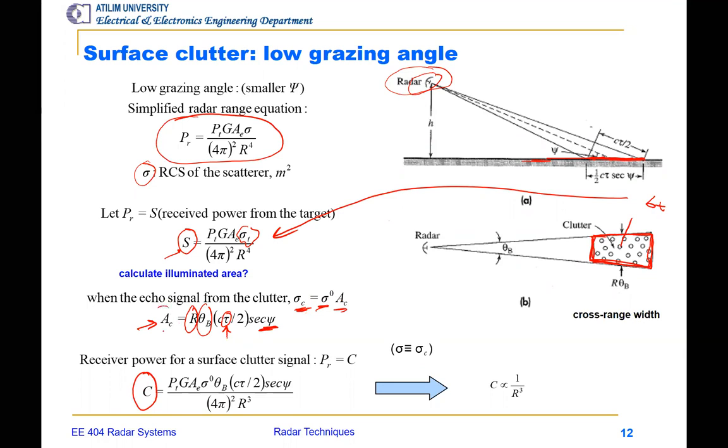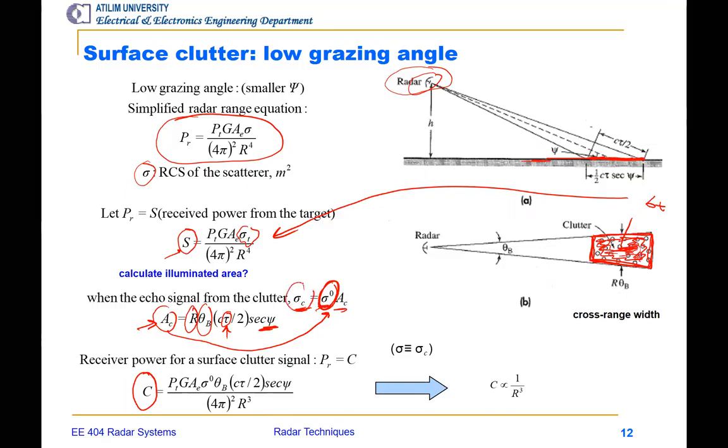So we just insert this AC into here, and then this is known because this is dependent on the nature of this surface, whether that's a road, for example, a forest or a farm, whatever it is. So it's highly dependent on the nature of this surface, as well as the frequency, of course.